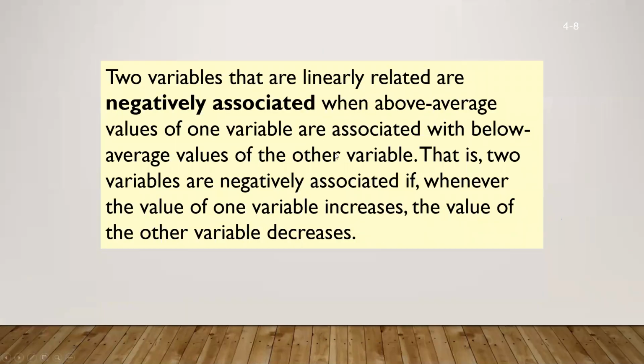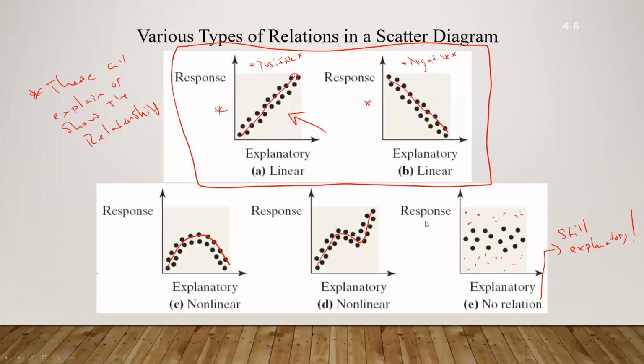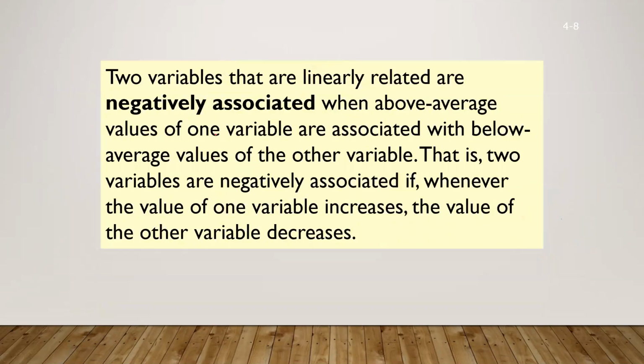A negative relationship, okay? Ignoring this above average stuff, if that seems weird, two variables are negatively associated when one variable increases, the value of the other variable decreases. Okay, like look here. As the explanatory variable increases, the value of the response variable goes down. Okay, so it's just a negative slope in the variables.